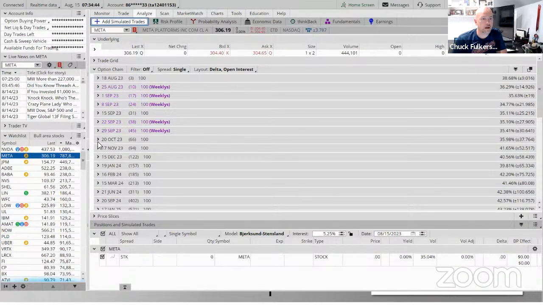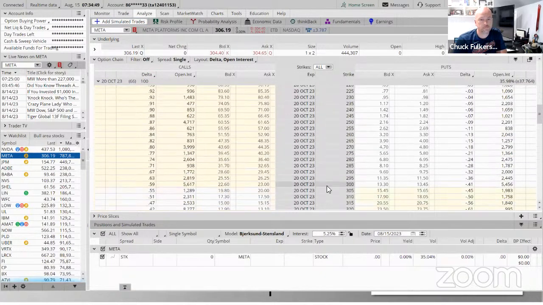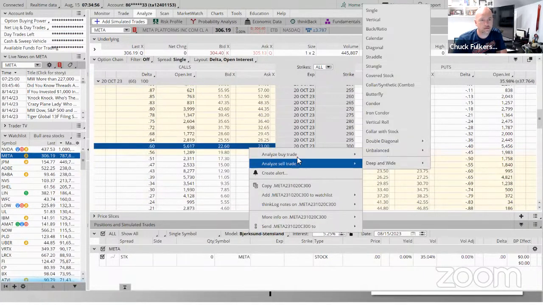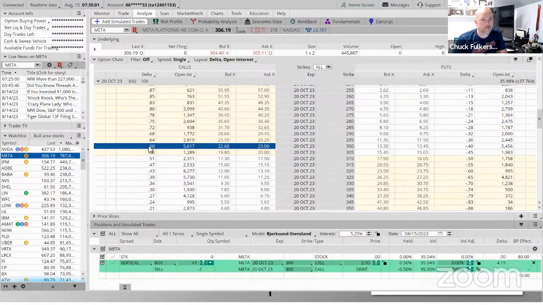On the bull call spread for something like this, let's go out to October. The 300 has a delta of 60. The 330 has a delta of 34. So the 300 by 330 gives me my 25 net delta, and I'm coming in with a debit of less than 50% of the spread.